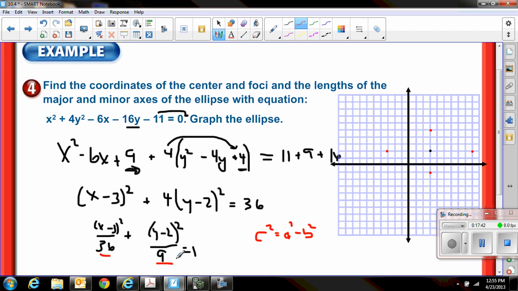And I believe these are 2 numbers that we actually just did. 36 minus 9 is 27. Square root of 27, if you remember, was 5.2. So it's 5.2 units this way, 5.2 units this way, and I'm ready to draw my ellipse. So if we put everything together, there's your ellipse.